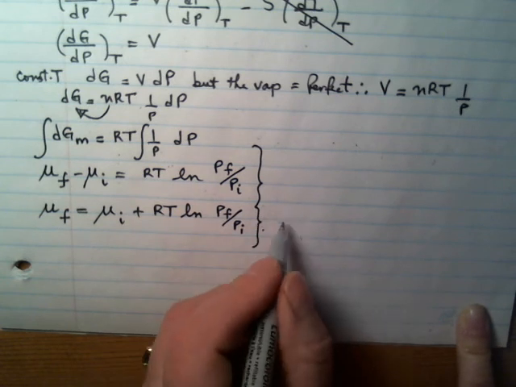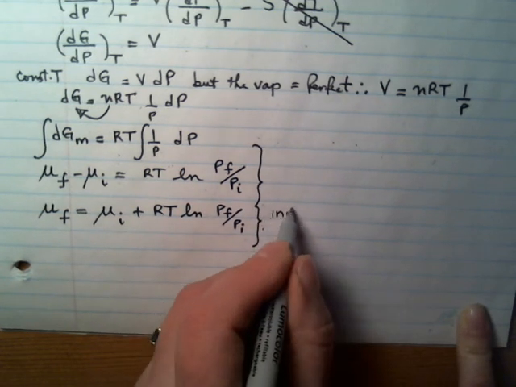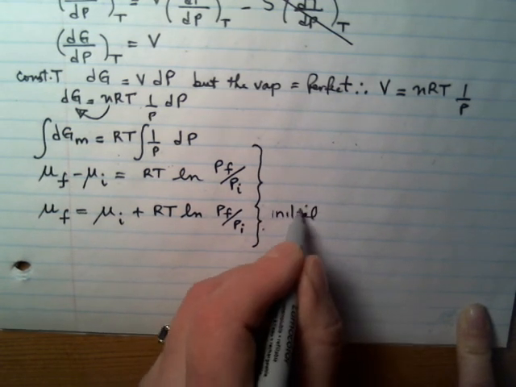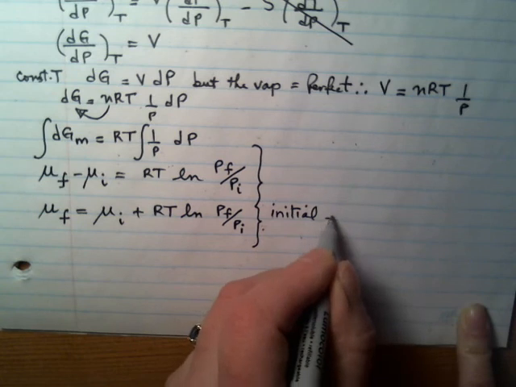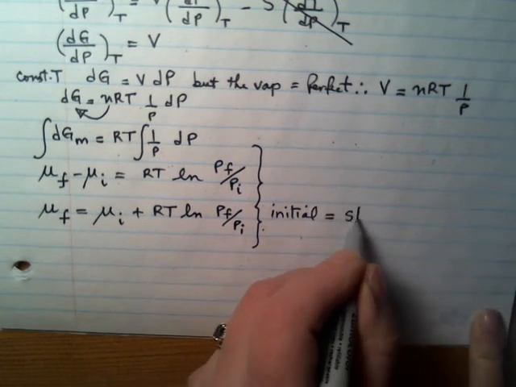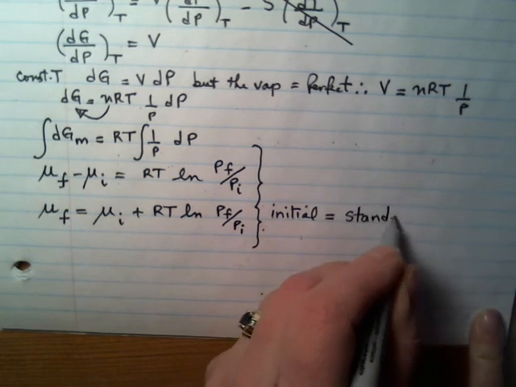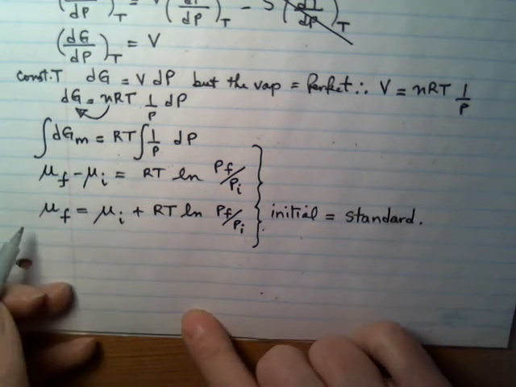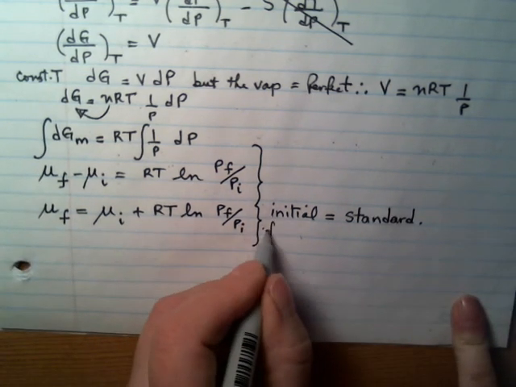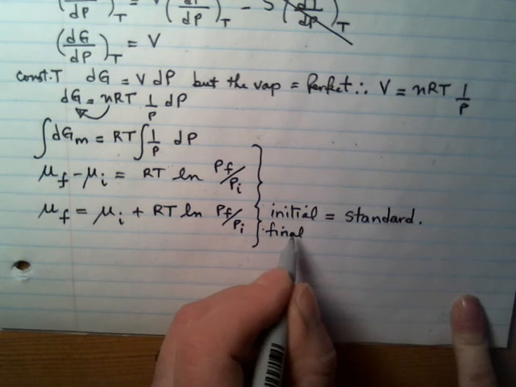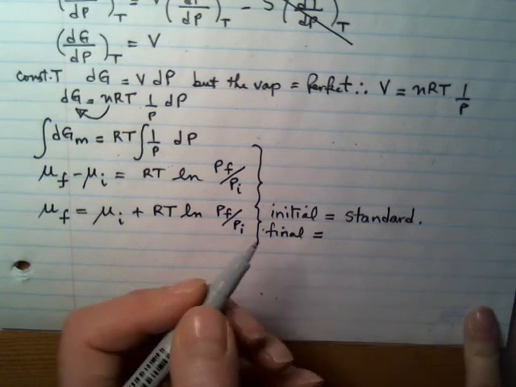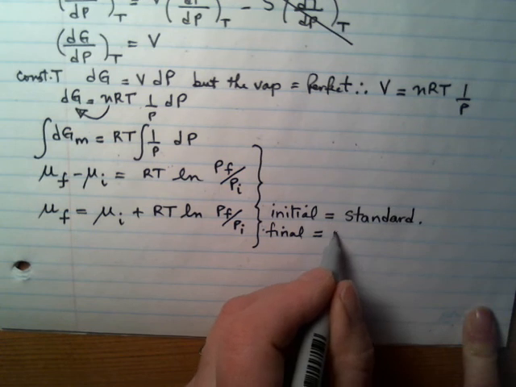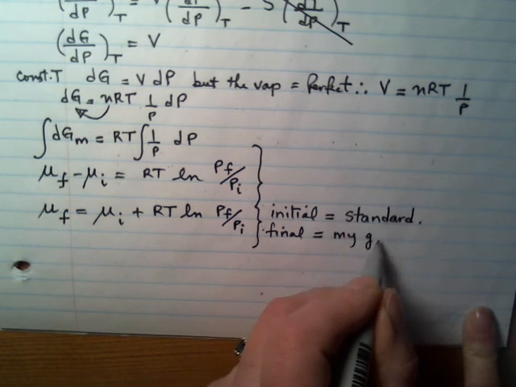So what I'm saying here is, let the initial equal the standard state, and let the final state equal my given state for which I want to know the chemical potential.